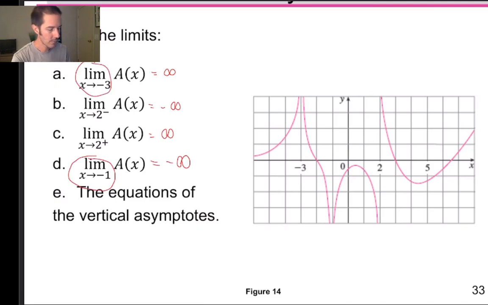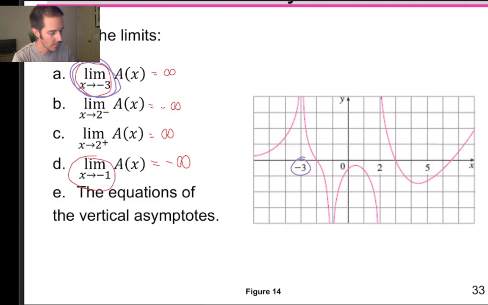As x approaches, let's look at part A. As x approaches negative 3. So here's negative 3. And because part A is not a one-sided limit, in order to answer that question, I had to examine my graph as it approaches from the left and as it approaches from the right.